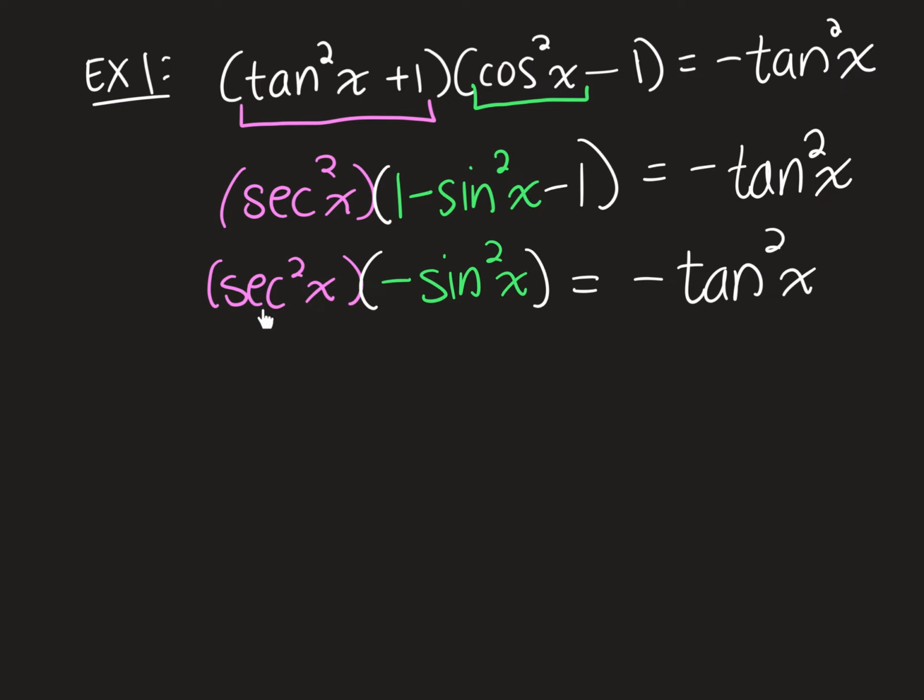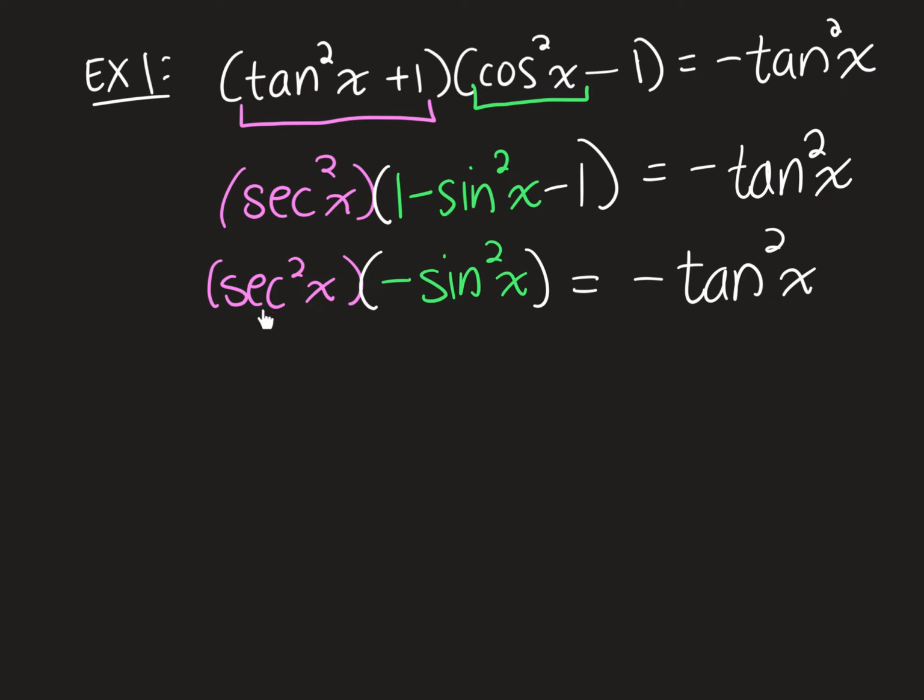So I'm going to go to my go-to strategy, which is changing and making everything look like sines and cosines. And how could I change secant squared into something that uses just sine or cosine? 1 over cosine. Yeah. So I'm going to make this 1 over cosine squared. And I'm multiplying that by negative sine squared. And you'll notice I did a couple of things when I rewrote that step.